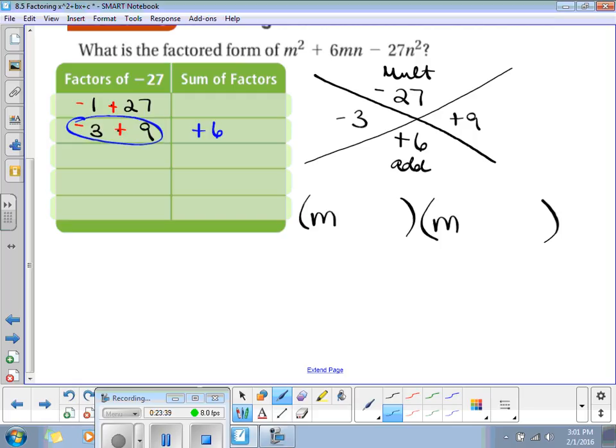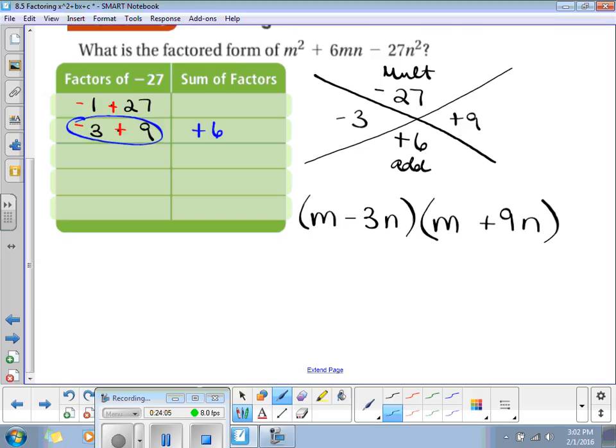To get n squared, it's n times n. Okay? And now you just put your numbers in to get your binomials. So this is going to be a minus 3 here and a plus 9 there. And there are the two binomials that give you the trinomial when you multiply them.